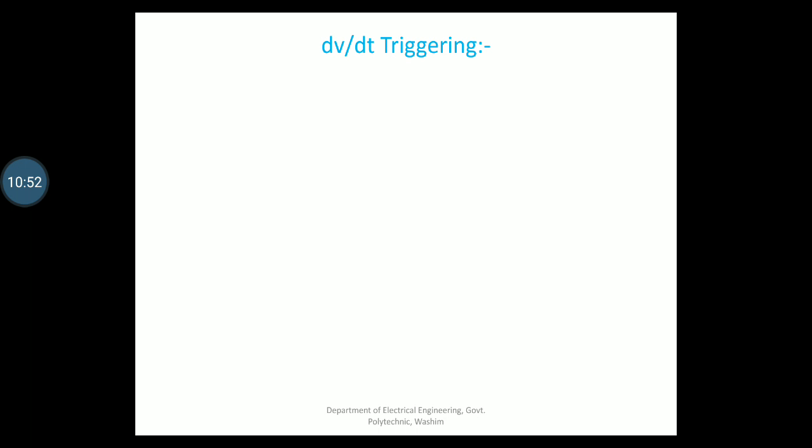Now let us see what is dV by dt triggering. Here the term dV by dt refers to the rate of change of voltage with respect to the time. Now we will learn what is the significance of the rate of change of voltage.